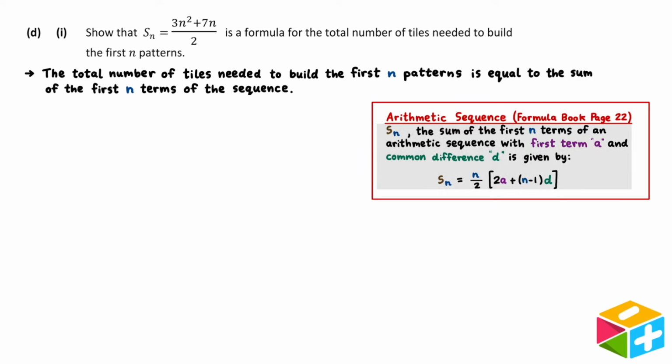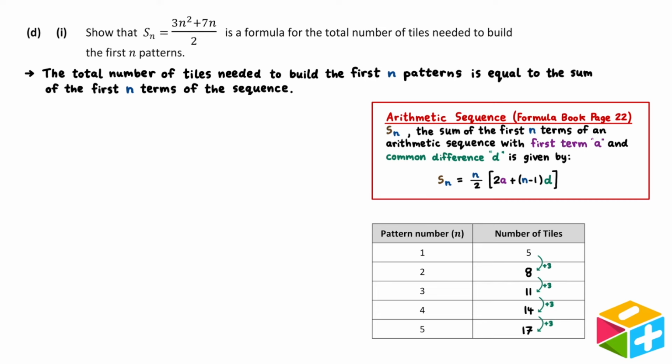This says that Sn, the sum of the first n terms of an arithmetic sequence with first term a and common difference d, is given by Sn is equal to n over 2 times 2a plus n minus 1 times d.